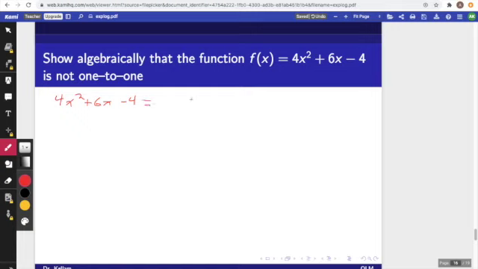If I complete the square, first I would factor out the 4, which would then leave me with x squared plus 2x minus 1.